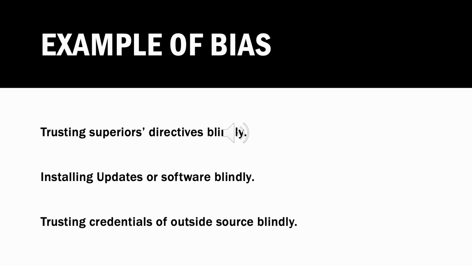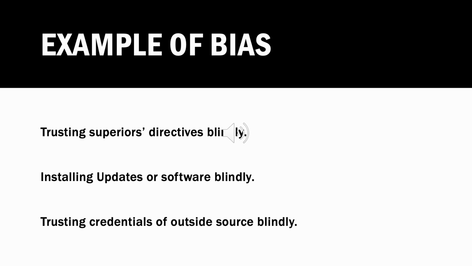Now let's take a look at some examples of how it can play out in the world of cybersecurity. One example is when an IT professional will blindly follow the directives of their superiors without questioning any potential security implications. For instance, a senior exec asks an IT team to install a new software program. That team may not question whether the software is secure or not, and this can lead to serious security breaches due to an insider threat.